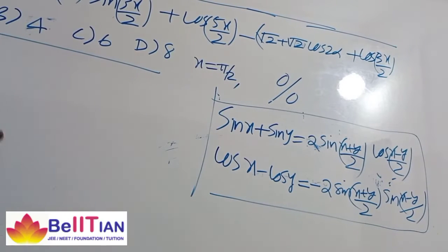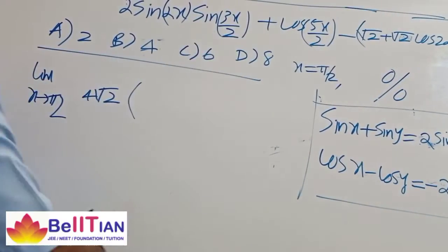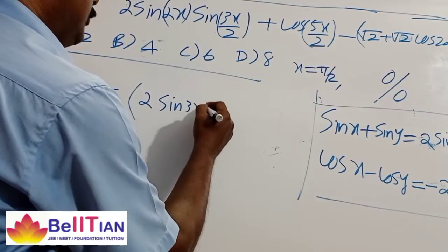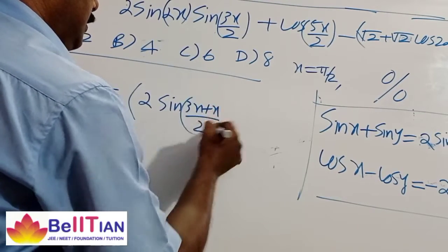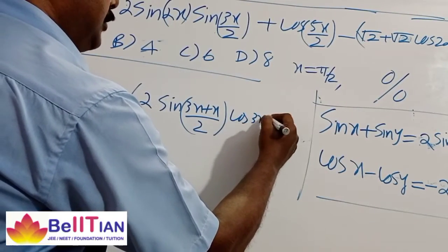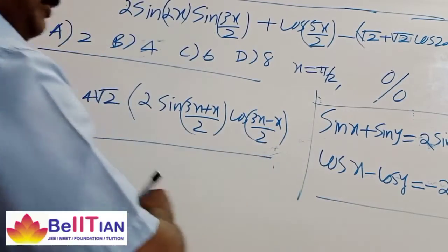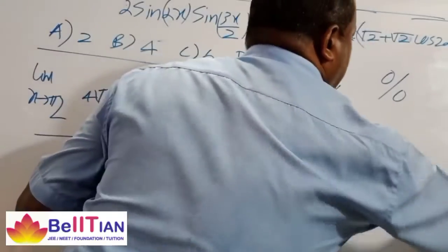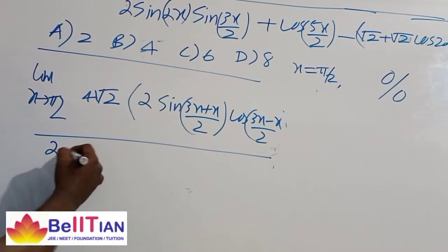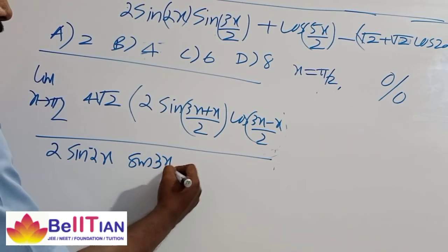So I write 4 root 2 into sine 3x plus sine x, which can be written as 2 times sine of (3x plus x) divided by 2, according to this formula, and next is cosine of (3x minus x) divided by 2, then divided by 2 times sine 2x into sine 3x divided by 2.